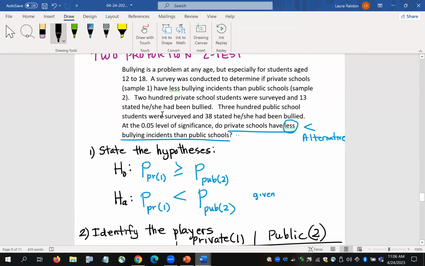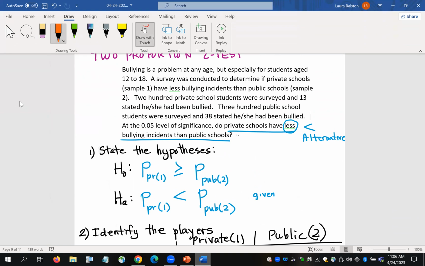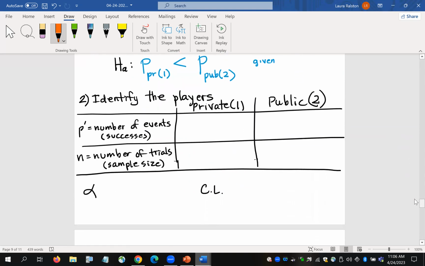So let me go back up here to the story. It says 200 private school students were surveyed and 13 stated that he or she had been bullied. So we had 13 say they had been bullied out of 200 students.